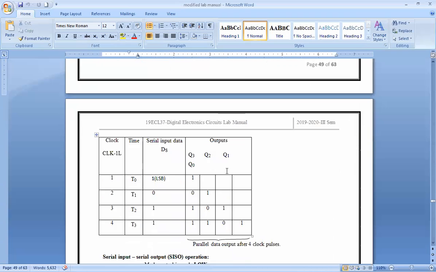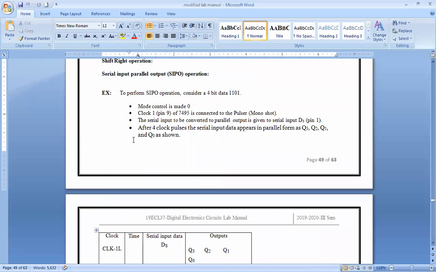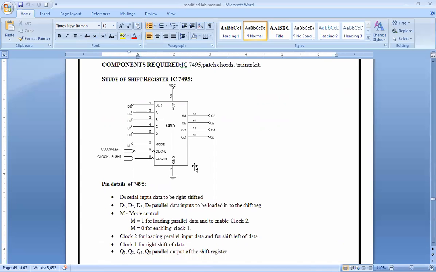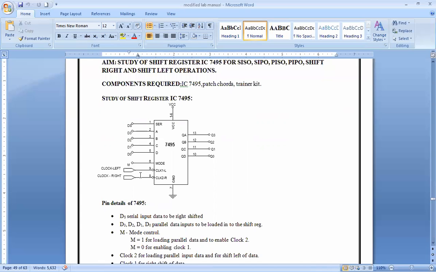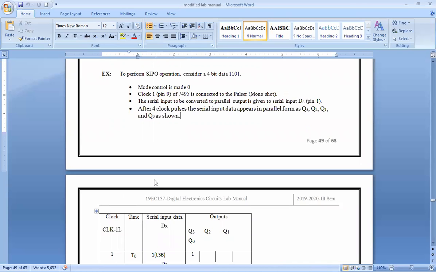So how is it done? Let us see this. I will enable my clock 1. Your clock 1 is actually pin number 9. Right shift happens, sorry, right shift.